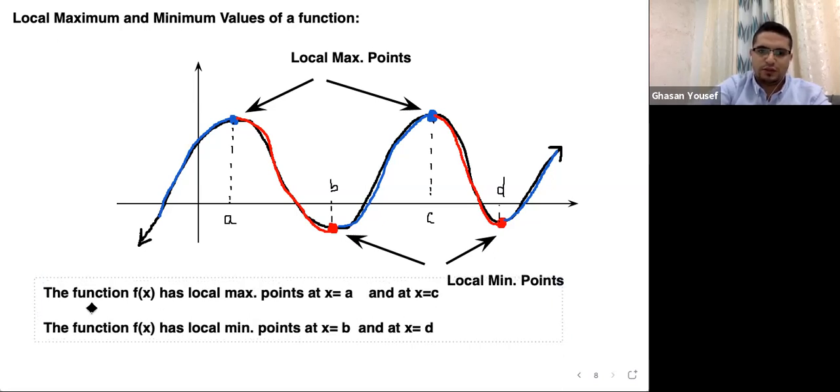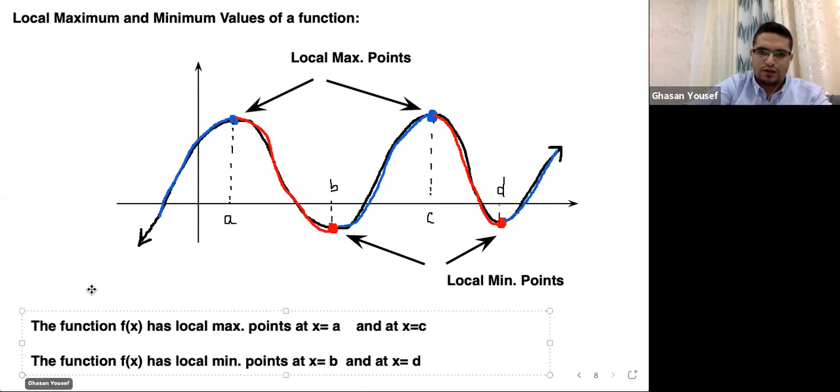You should know it. So at x equal A and x equal C, we have two local maxima, and the same for the local minima.